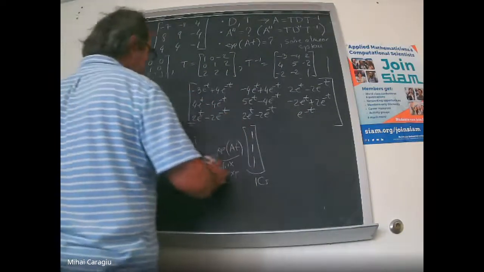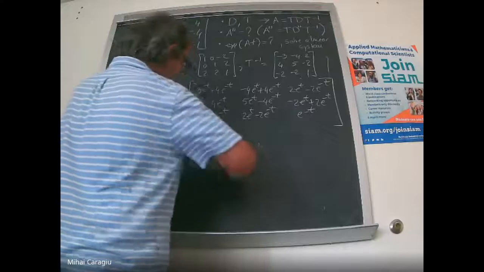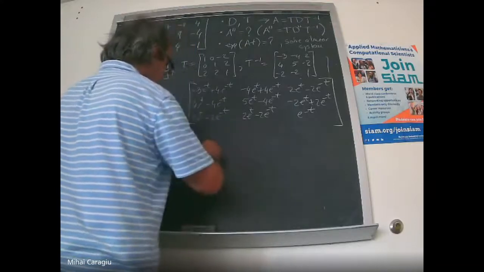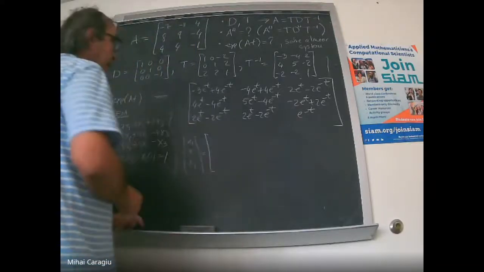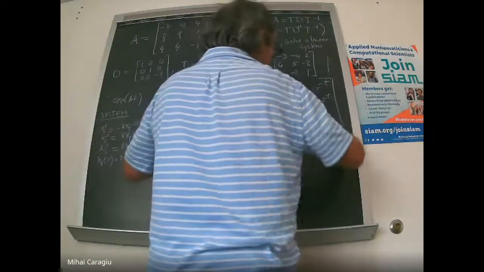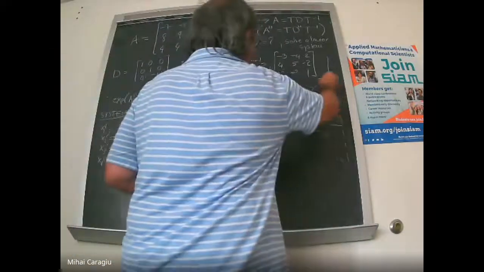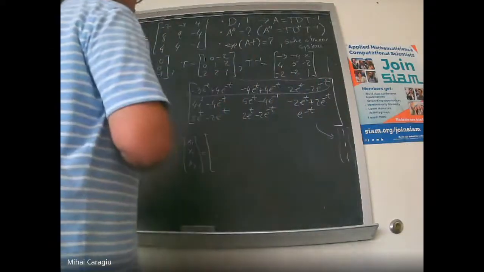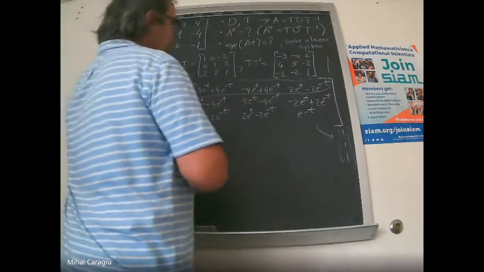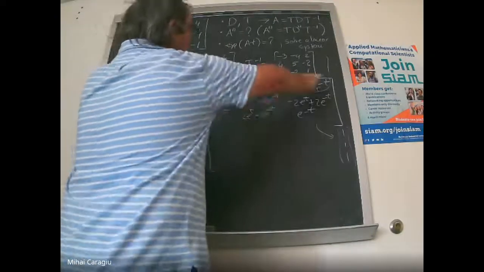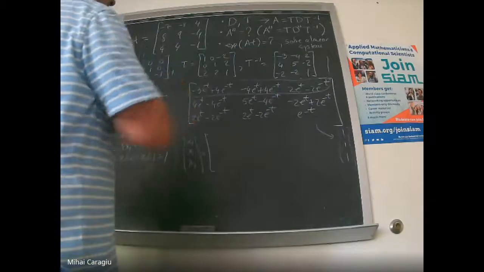So x1, x2, x3 will be. So let's try to write down the result. Okay, so we want to multiply this matrix by 1, 1, 1. Let's do the first dot product with 1, 1, 1. So let's see. We get the sum of all the entries, basically the sum of the entries in the first row.